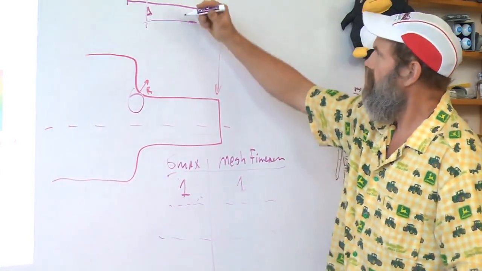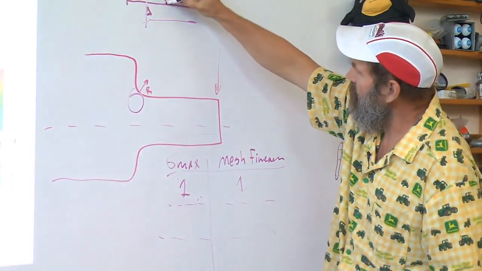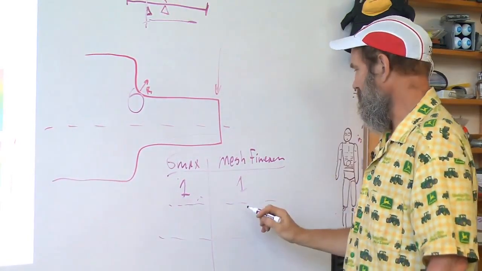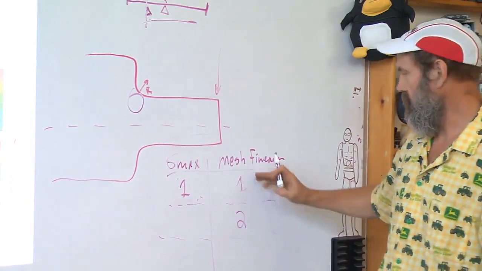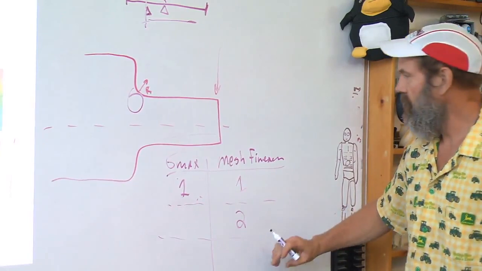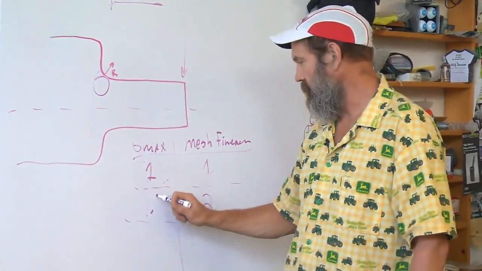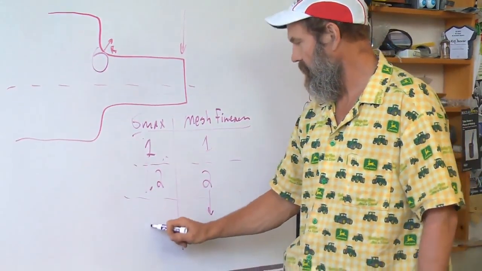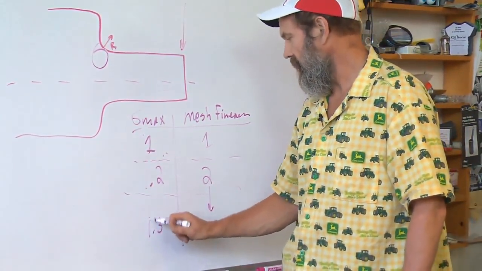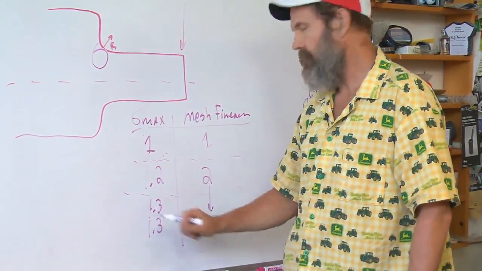And now I'm going to move over to make the mesh fineness 2. These aren't real numbers that mean anything, just that it's getting a finer and finer mesh. And the stress goes to 1.2. You'll keep making the mesh finer and finer until the stress stabilizes at some value.